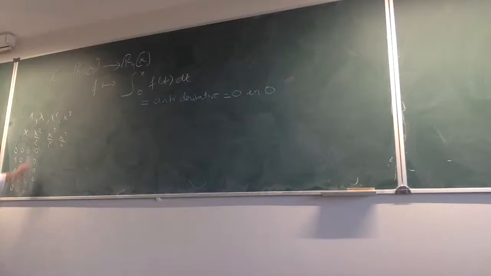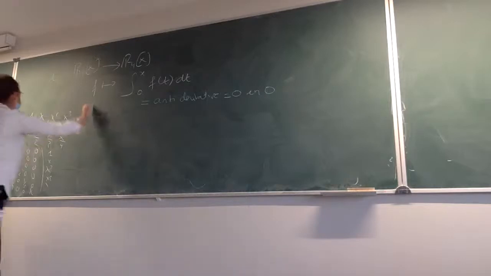How many? I've lost my count of zeros. I think it's 6. Did I do one too many? So that's corresponding to constant, to X, to X2, to X3. I've got one too many in the last 2. So what did I do? Last 2 columns. Let me check.